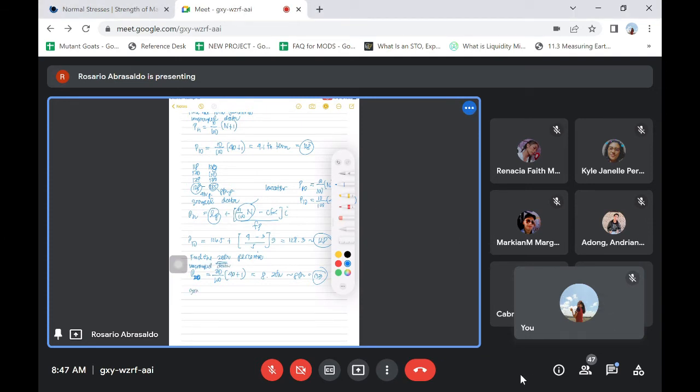For the grouped data, so P sub 20, okay. The locator, we just get plus 1, 20 over 100 times 40.